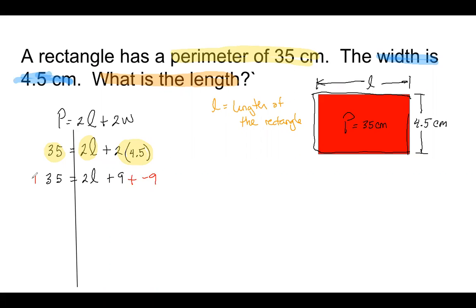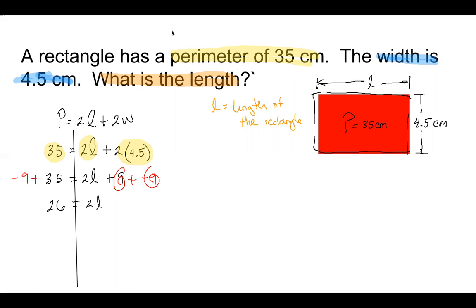I'm just going to add the opposite to both sides. Positive 9 plus negative 9, they eliminate each other. And I get 2L is equal to, well, let's see, 35 minus 10 would be 25, but it's 1 less than 10, so 26.